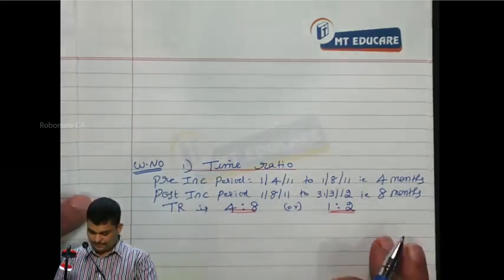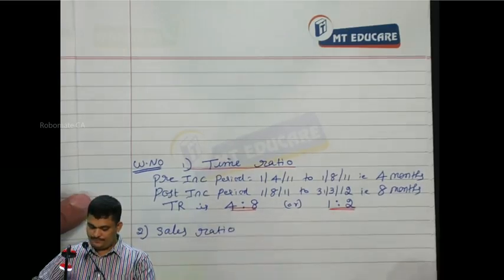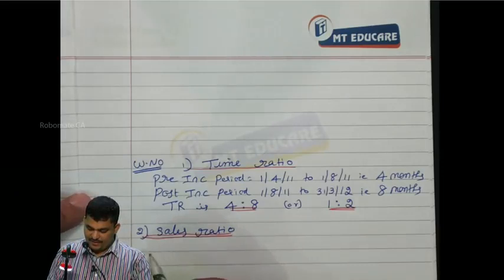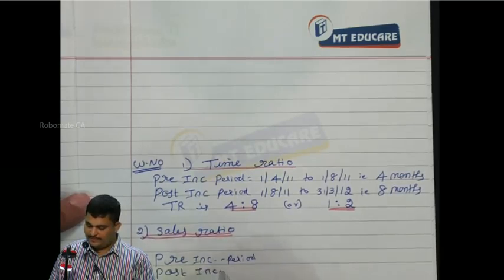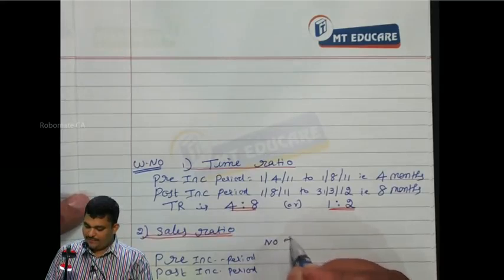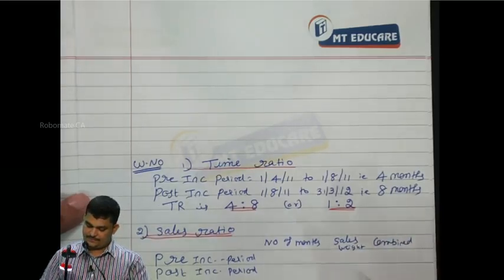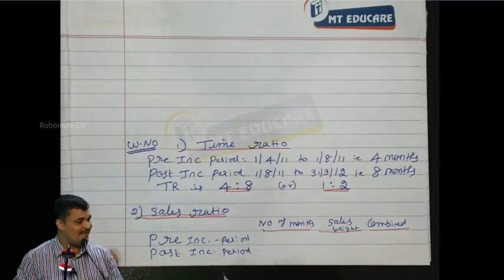Second one, sales ratio. Sales ratio we find for pre-incorporation period and post-incorporation period.